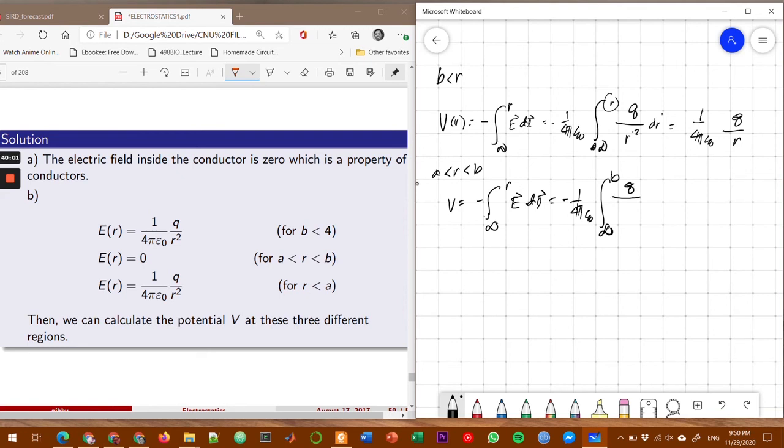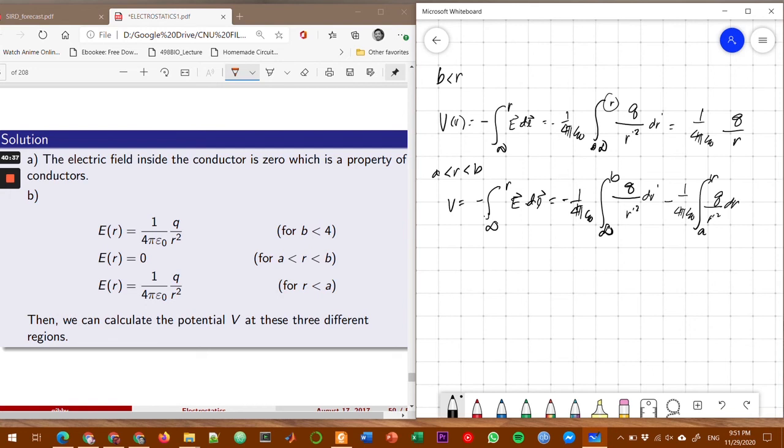You have your Q over R prime squared dR prime, then minus the same formula, 1 over 4 pi epsilon naught. This time, since from B to A there is no electric field, you start from A going inward, which is small r, Q over R prime squared dR prime.